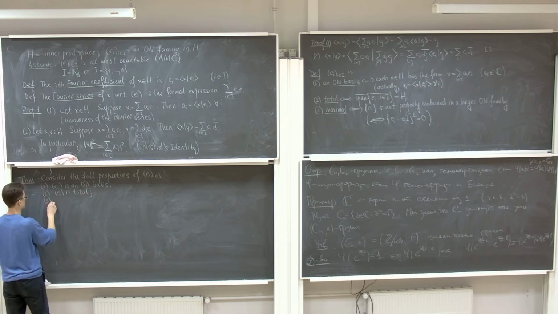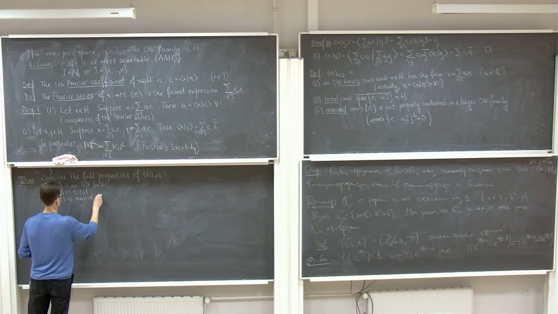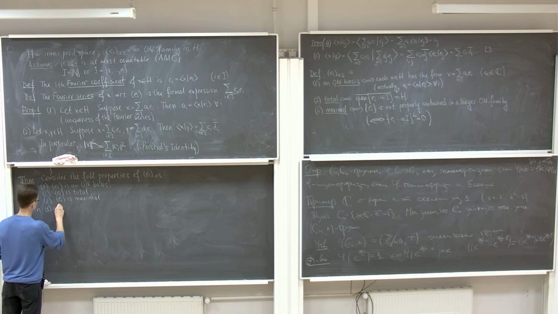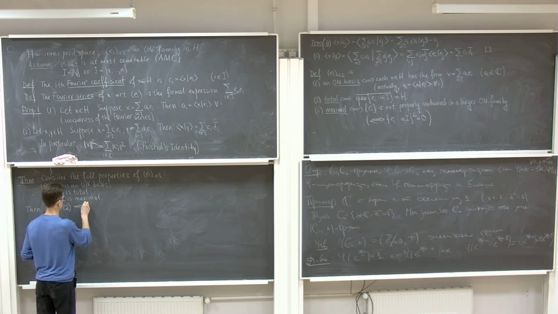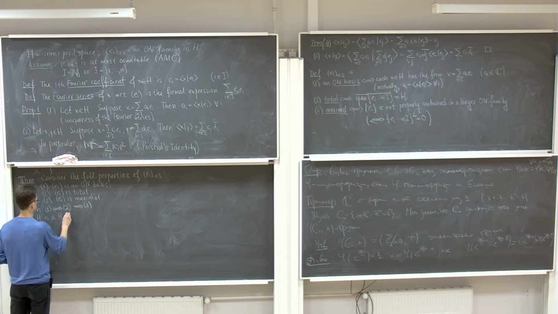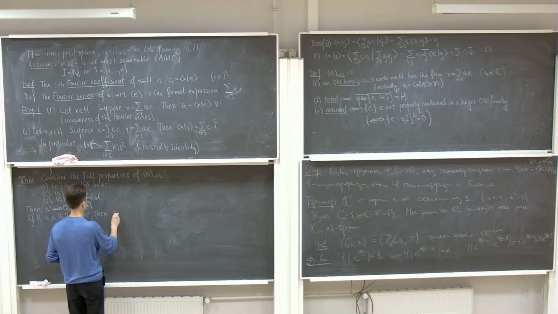And property 3, e_i is maximal. I claim that 1 and 2 are always equivalent, and they imply 3. And if moreover we assume that H is a Hilbert space, then all three conditions are equivalent.